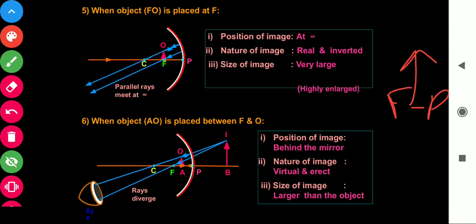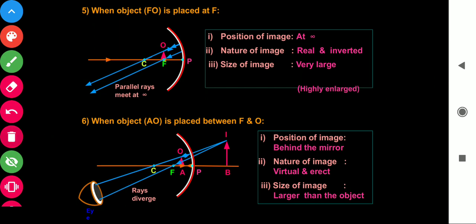Next, and the last one, is between F and P. We have to place the object between F and P. For the object between F and P, again what will happen? One ray comes parallel. The ray that comes parallel will go through the focus, this one, and one from C. Again, in all diagrams you can see that it is from C. For the ray that goes to C, how will we draw it? We will draw like that.